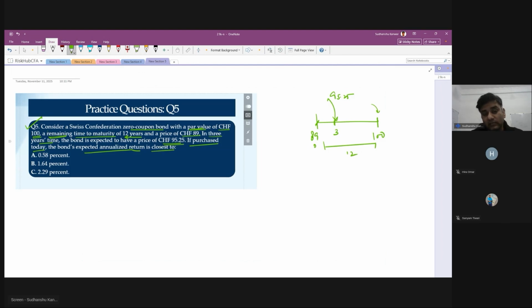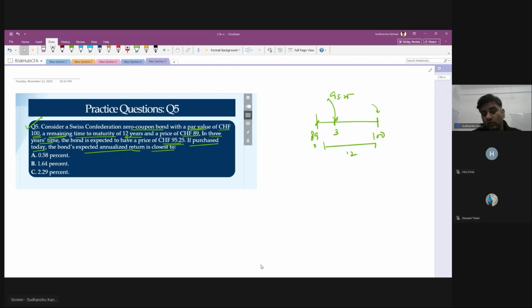Now, this is very tricky, because it seems that you haven't done any such question before. How do you solve it? You are given a value of the bond 3 years from now, that is good.